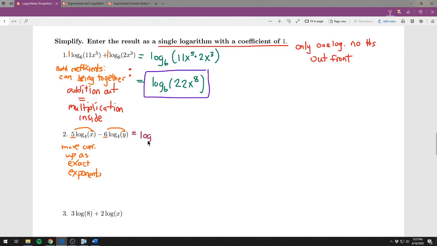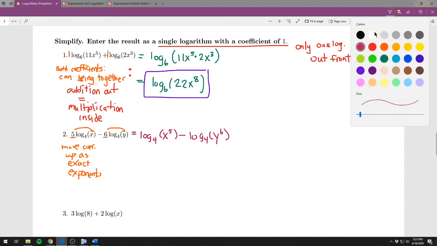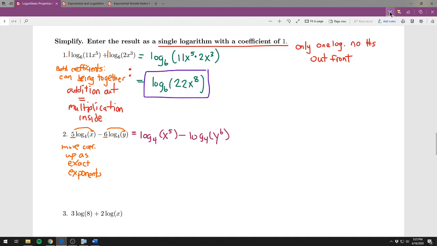We get log base 4 of x to the 5th minus, I'm only moving the 6, I'm not moving the minus, log base 4 of y to the 6th. Once you've gotten rid of the coefficients, you can always do that in one step, no matter how many there are. Now you can combine them. Subtraction outside is multiplication inside.